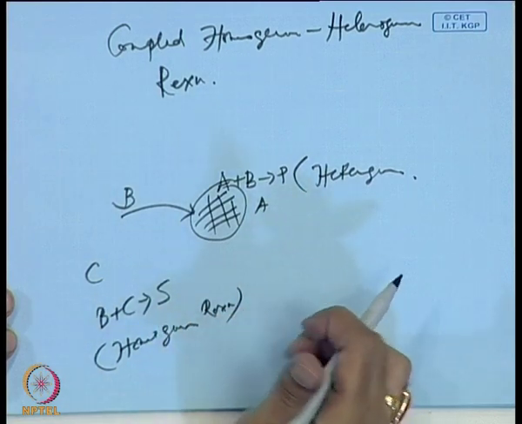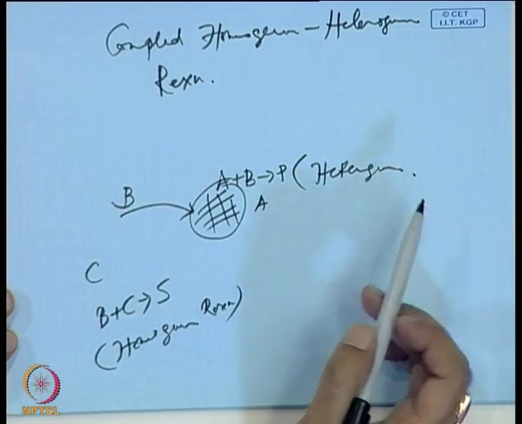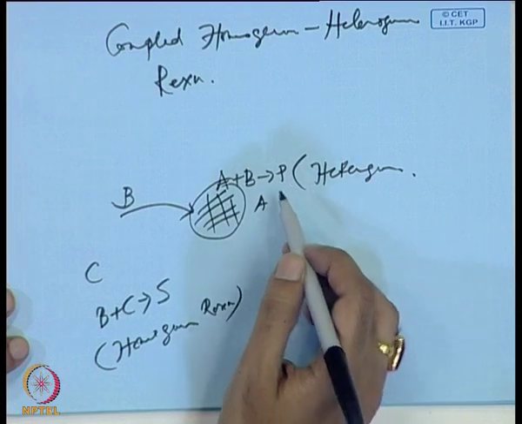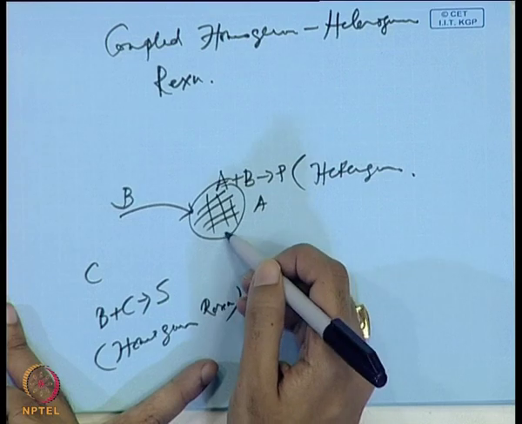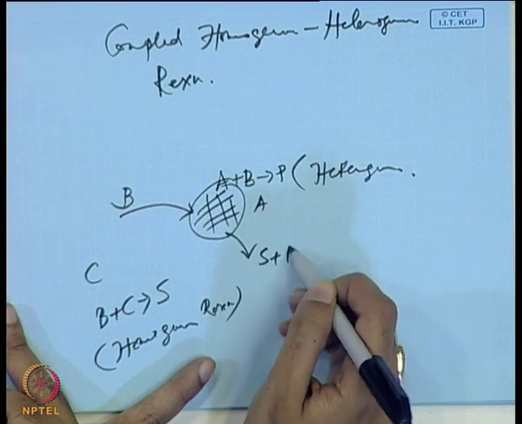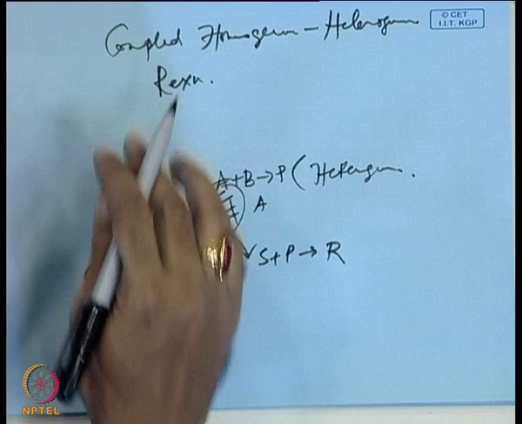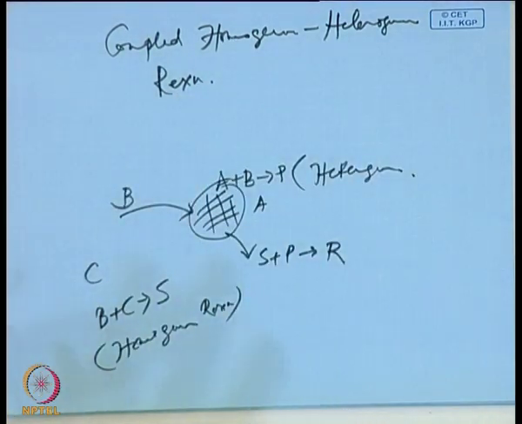A coupled homogeneous heterogeneous reaction is a network of reactions in which some of the reactions are in the bulk or homogeneous phase, some of them are in the heterogeneous phase, and then you can have other things happening. For example, you can have a reaction on the surface of S plus P giving R. So, this is a whole network of reactions.